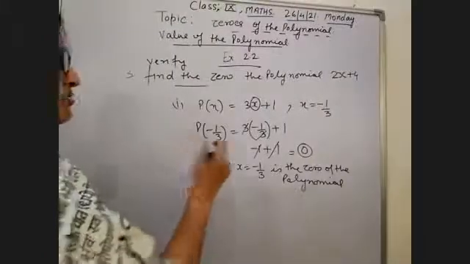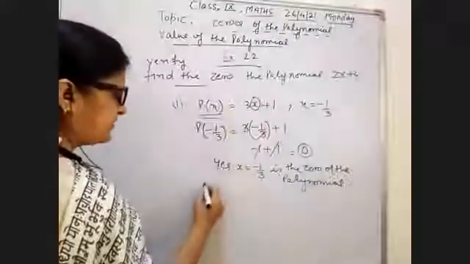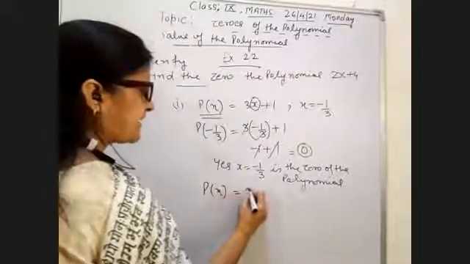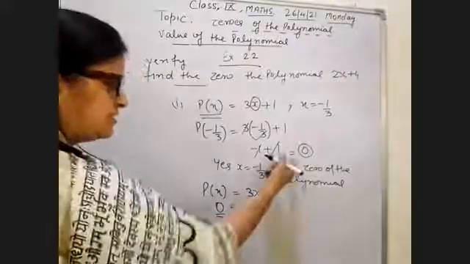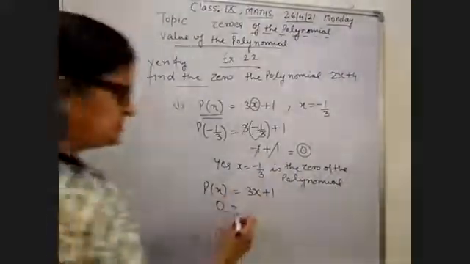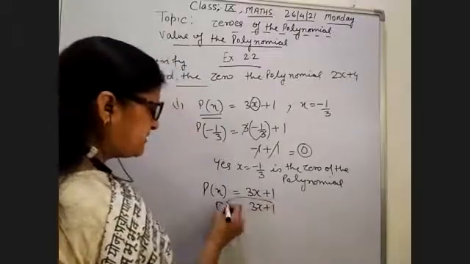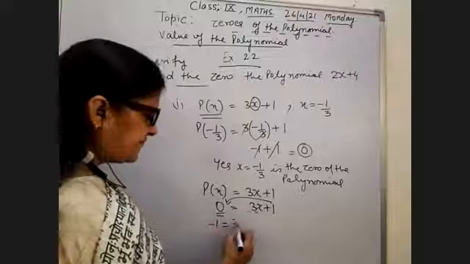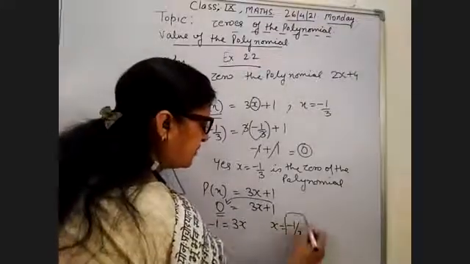I already told you in the last question how we will check this. Put Px equal to 0 in place of Px, because it is equal to 0. So 3x plus 1, minus 1 comes on the left hand side. So the value of x equal to minus 1 upon 3.